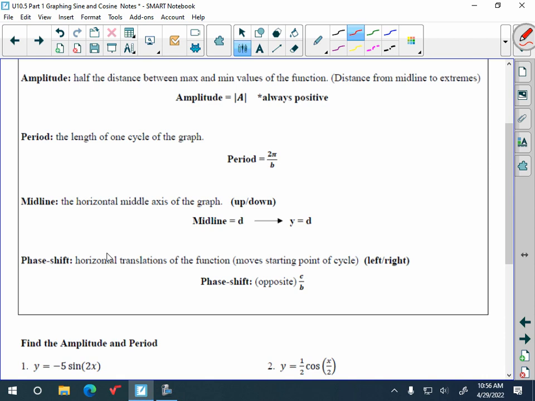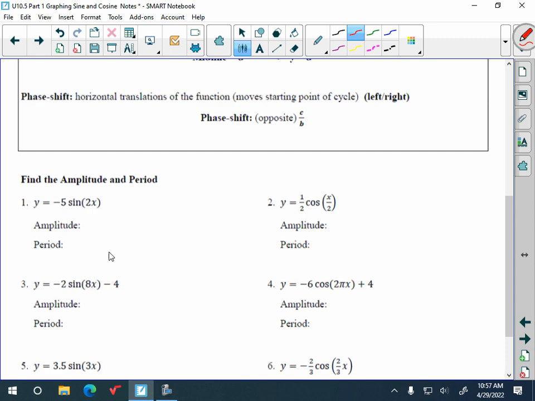So it changes to a plus, which means it would shift to the right. If it's a plus inside, we do the opposite, which changes to a minus. And because it's negative, it would shift to the left. All right, so that's why you got to remember to do the opposite. So again, we'll do the shifting up, down, left, and right on Monday. Today, we're just going to look at the basic shapes and getting the amplitude and period.